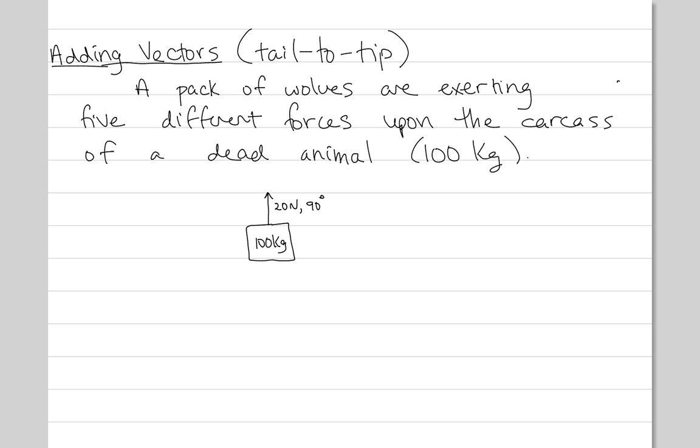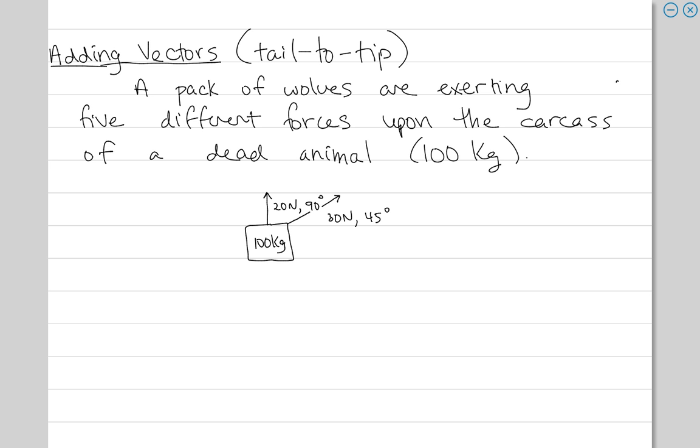Another's pulling at 30 newtons at 45 degrees.